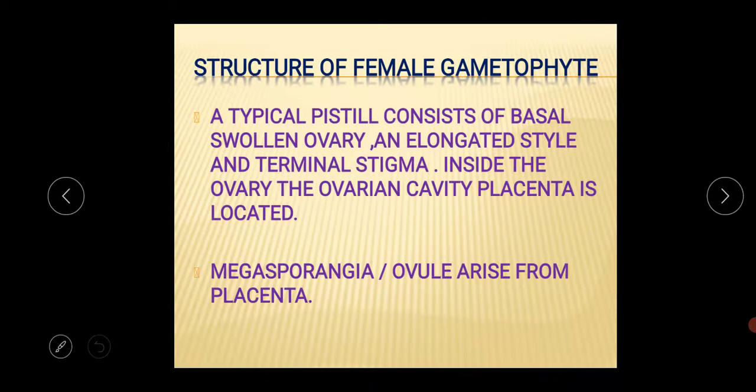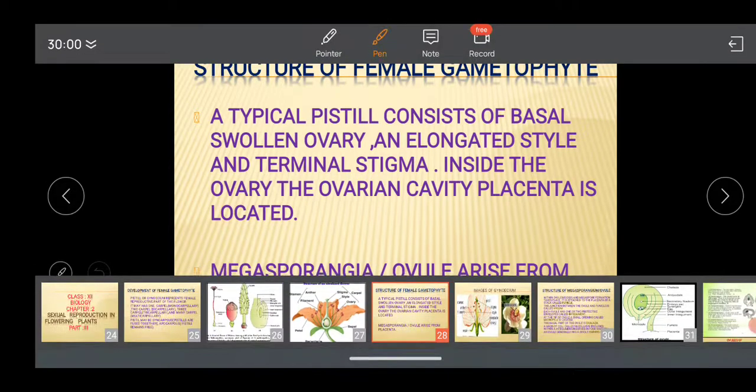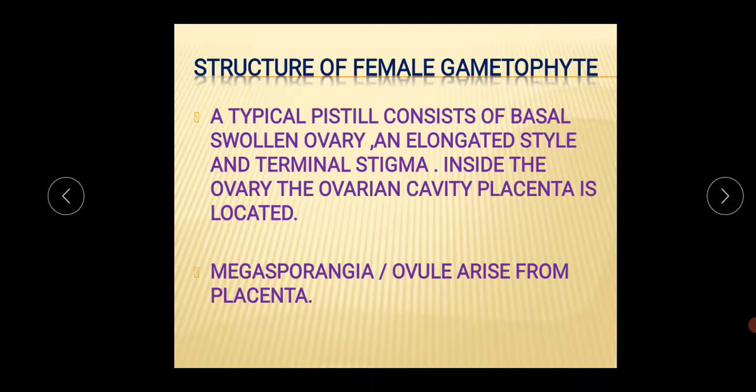Next thing is the structure of the female gametophyte. A typical pistil consists of a basal swollen ovary, an elongated style and a terminal stigma. I am repeating again.